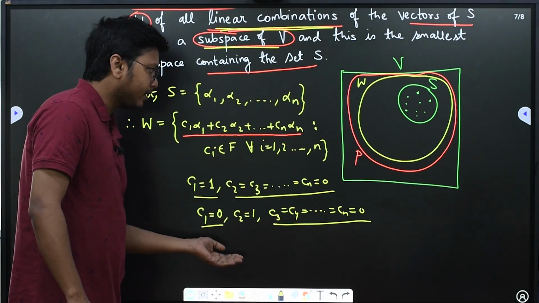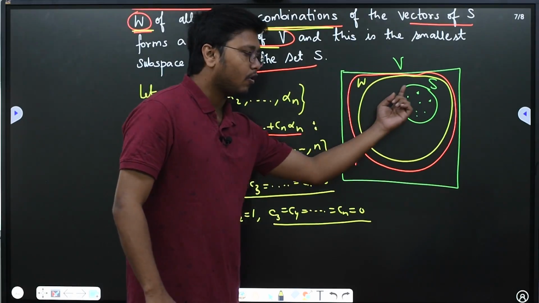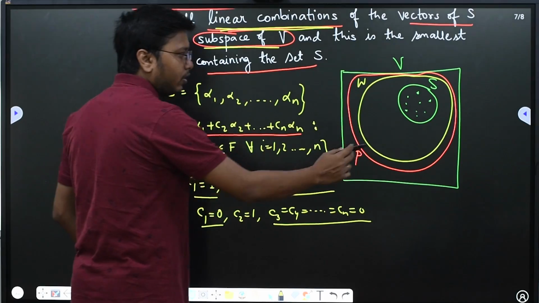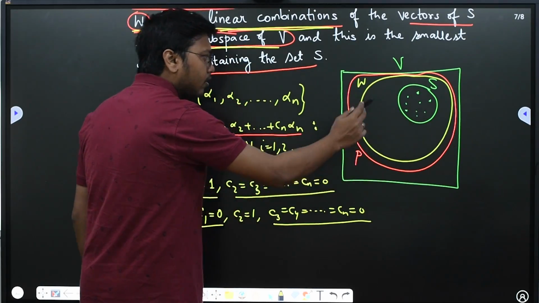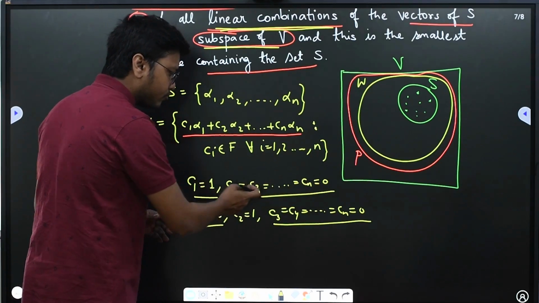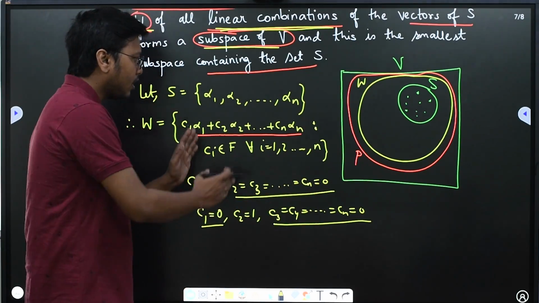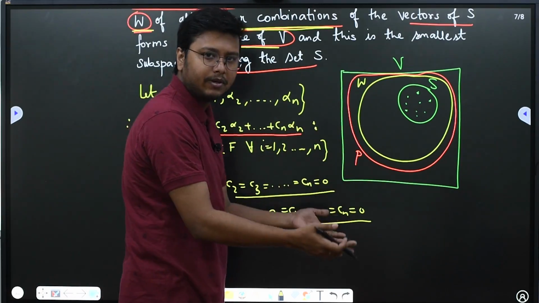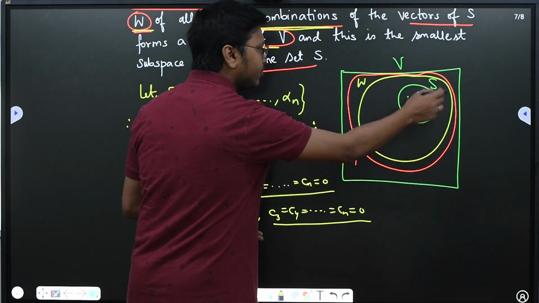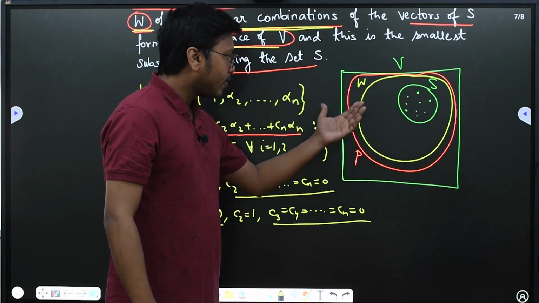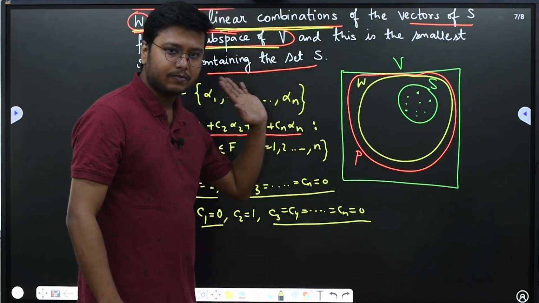In this manner if I keep on going, I'll get all the elements of S. So W automatically contains all the elements of S, and it contains even more elements. If I take other constants to be non-zero, I'll get some combination of the alphas and some new element will be created. So that's why W is bigger than S, obviously containing S, and now I need to show that W forms a subspace.